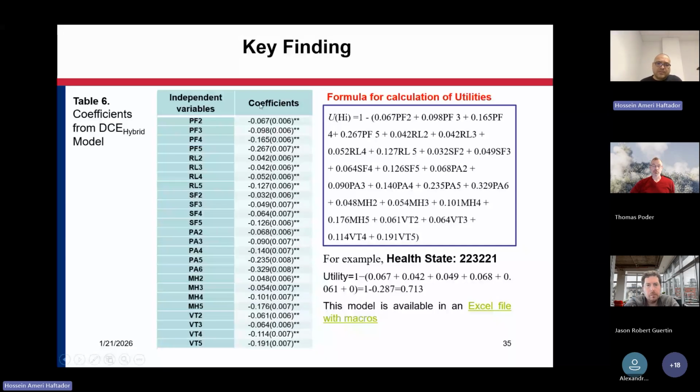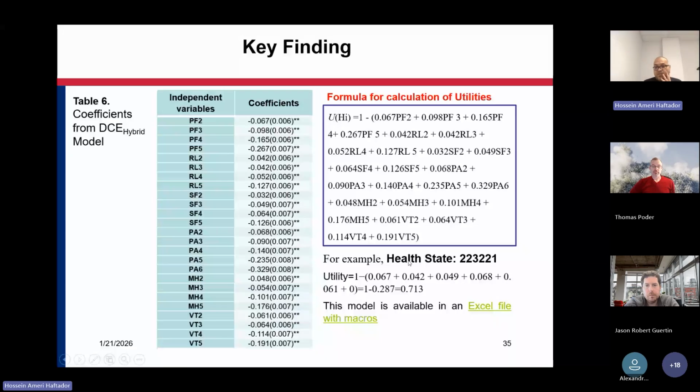Here are the coefficients of the DCE hybrid model. We created a formula for calculation of utility. It means if we want to use the coefficients, we can use this formula. Here is an example of a health state and how to calculate the utility value for it.